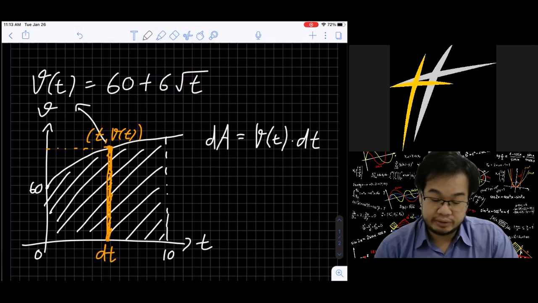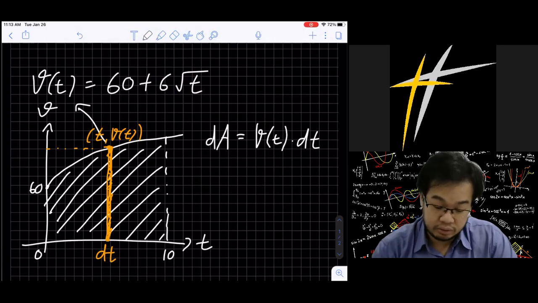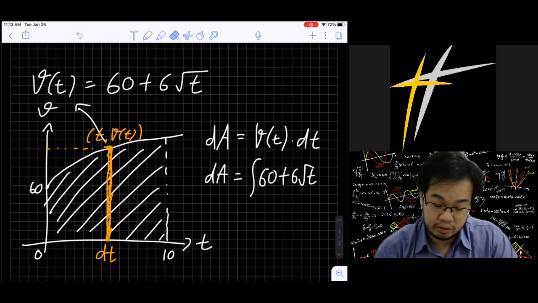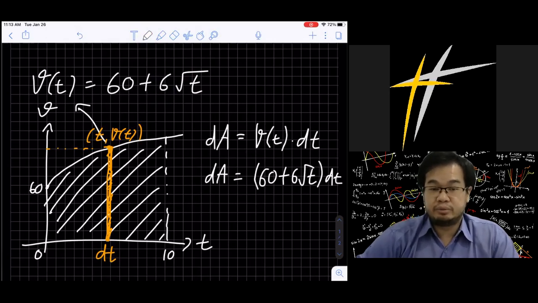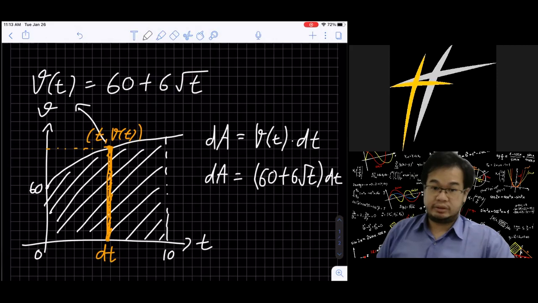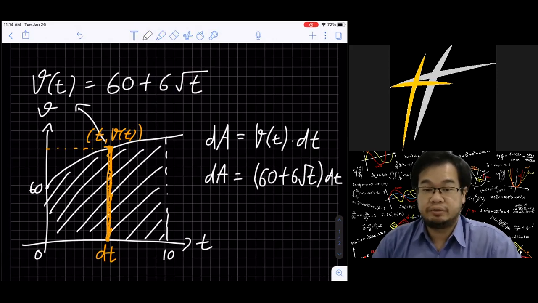If we change v of t in terms of t, I will get that dA is equal to 60 plus 6 square root of t, times dt. I'm sorry, without the integral sign. So now we have the formula of dA, which is 60 plus 6 square root of t times dt.